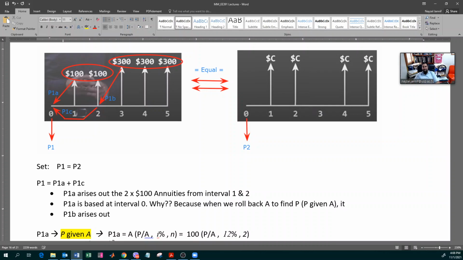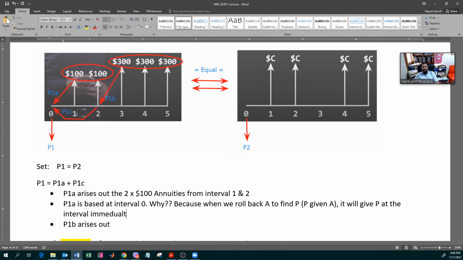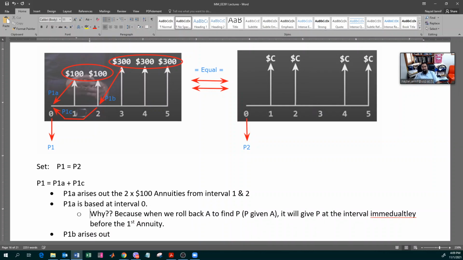It will give P at the interval immediately before the first annuity. That's an important thing.